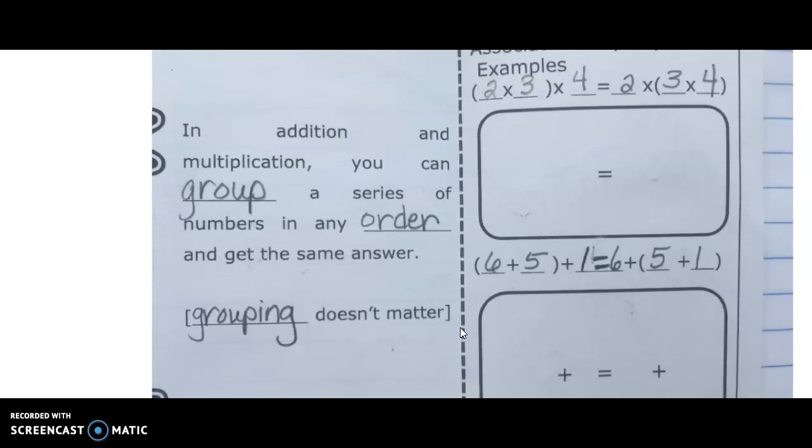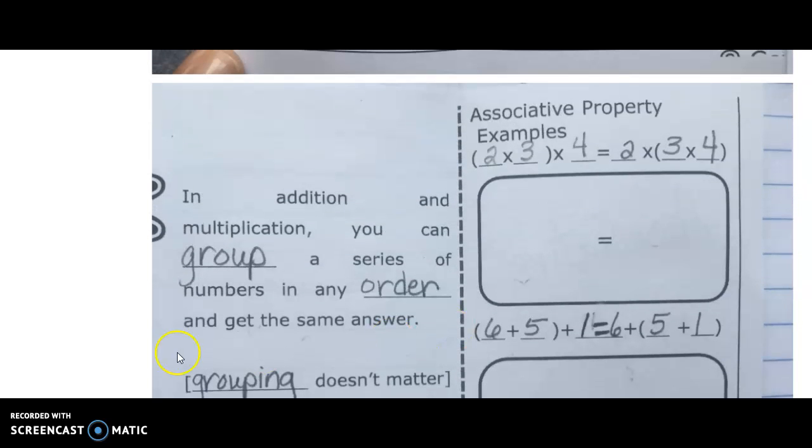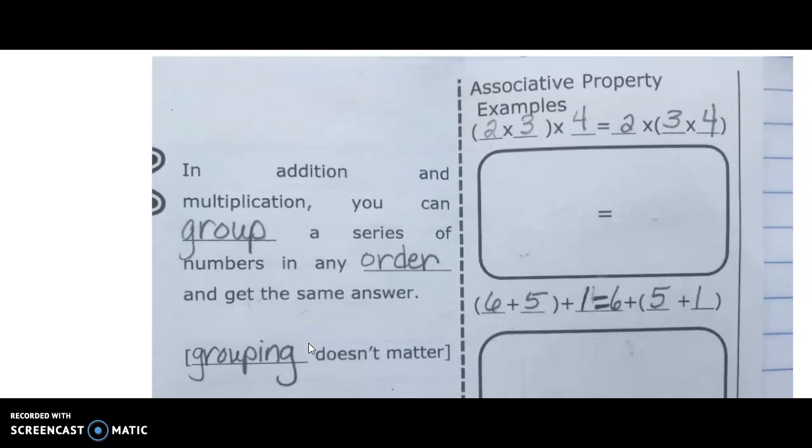All right. For the associative property, in addition and in multiplication, you can group a series of numbers in any order and get the same answer. Grouping does not matter here. So for the associative property example, (2 times 3) times 4 is equal to 2 times (3 times 4).